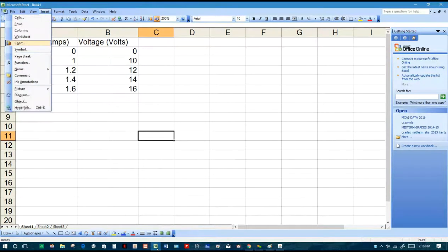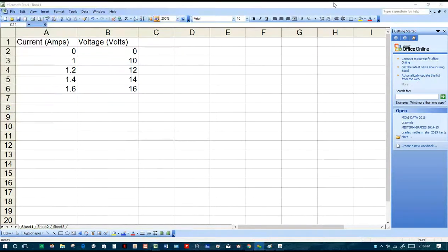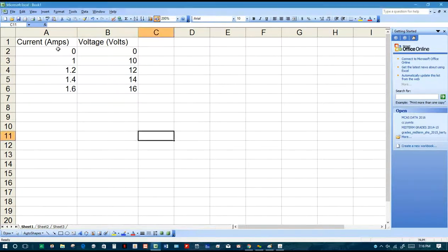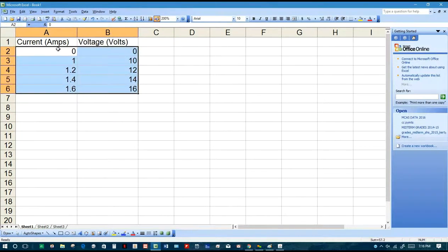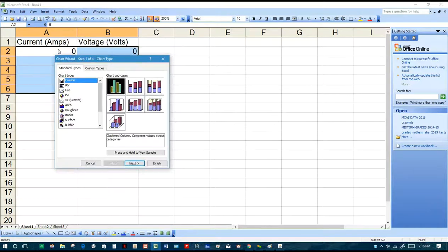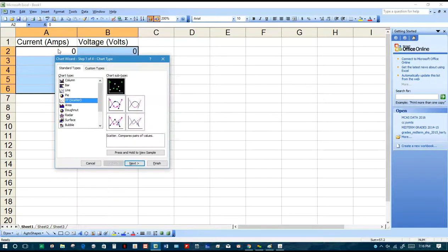So I'm going to go ahead and insert. Let me move this a little bit over to here. Insert graph. So the kind that we use in science is called a scatter plot?